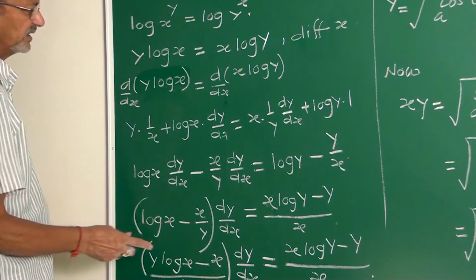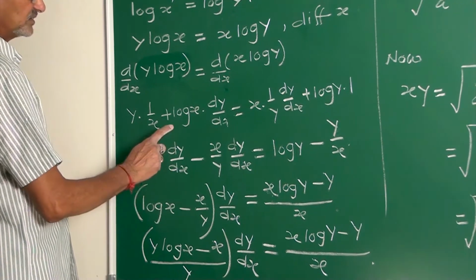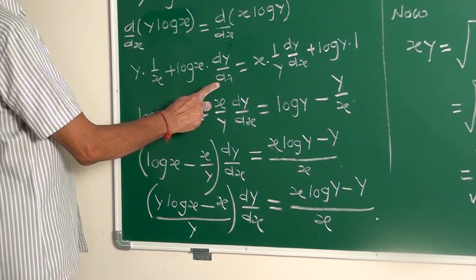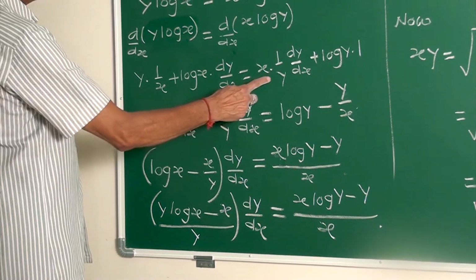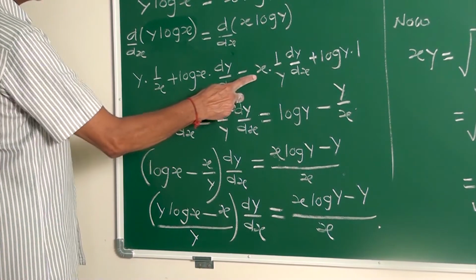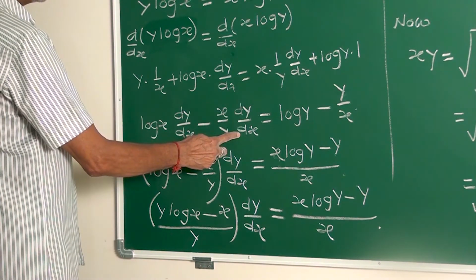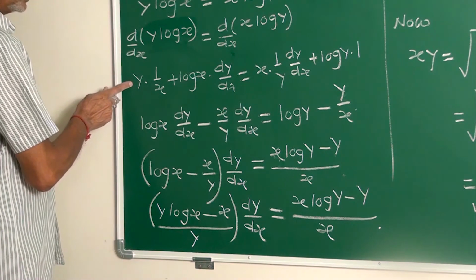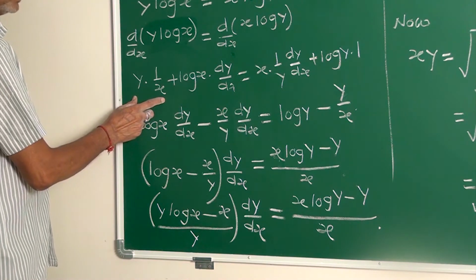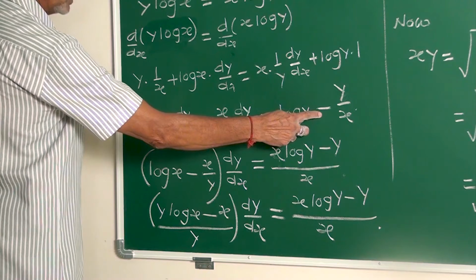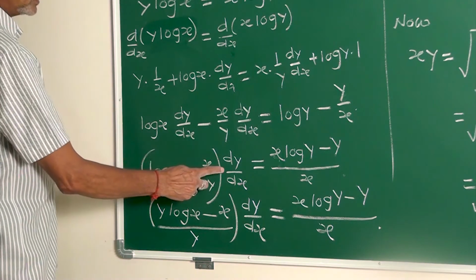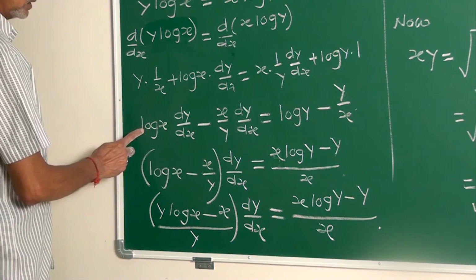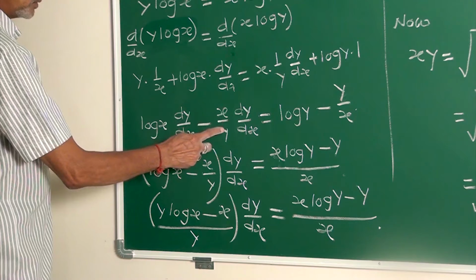Simplify it. Collect dy by dx on one side: log x into dy by dx, this plus becomes minus x by y into dy by dx, equals log y minus y by x, which is free from dy by dx. Dy by dx is common: log x minus x by y.